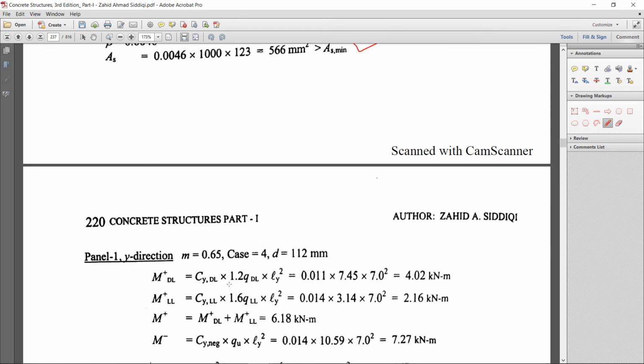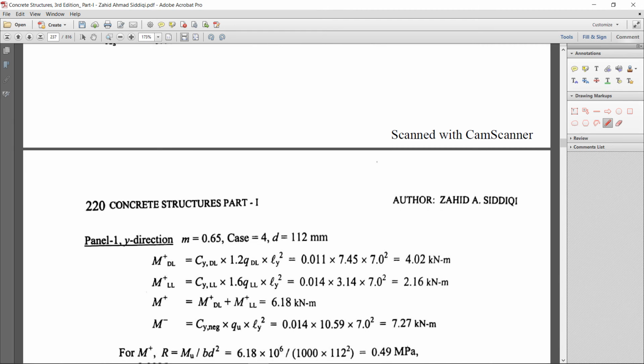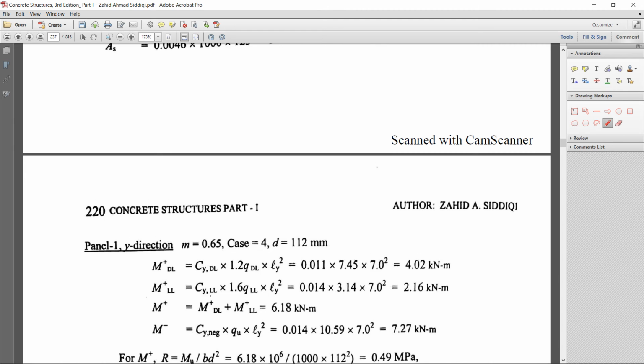After putting the coefficients, we got the positive dead load moment and positive live load moment. The span length is 7. So the total positive moment is 6.18 kilonewton meter, and the negative moment is 7.27 kilonewton meter. Now we can calculate the area of steel, then spacing.